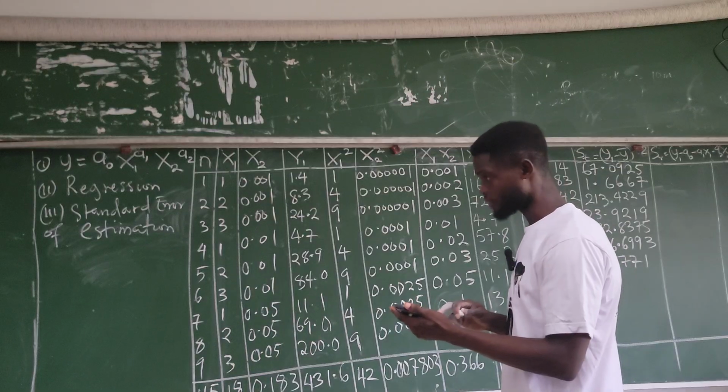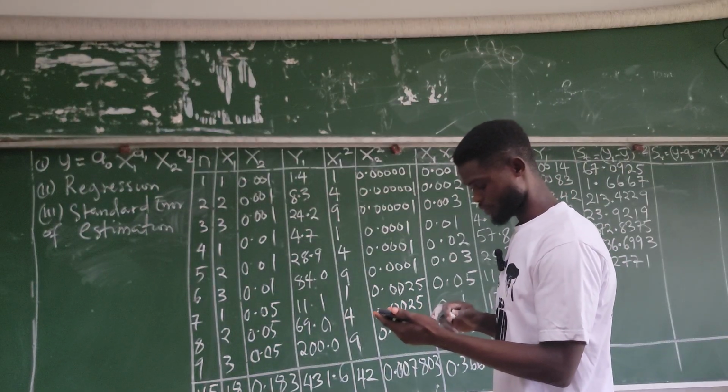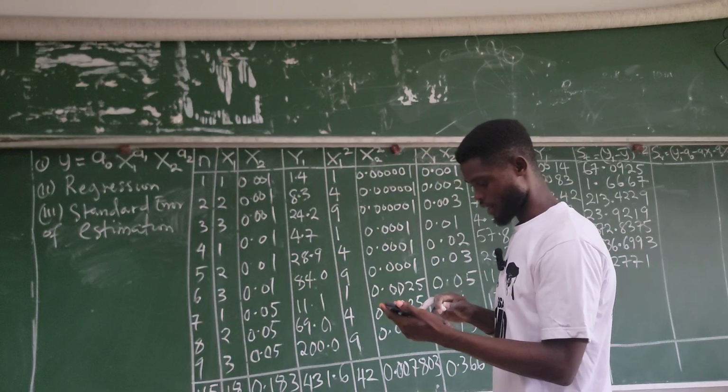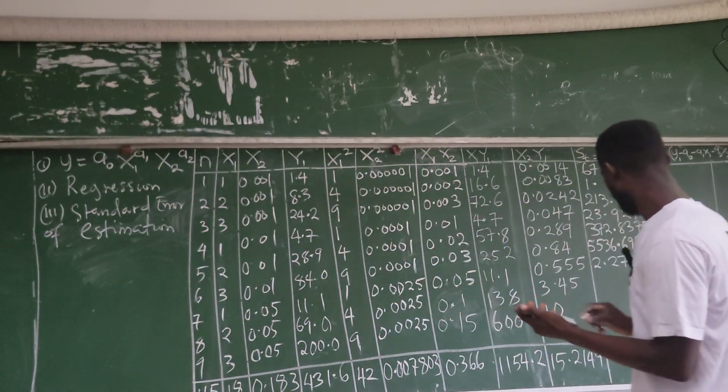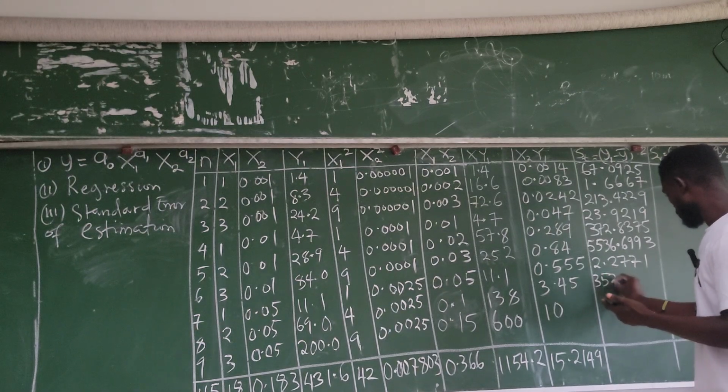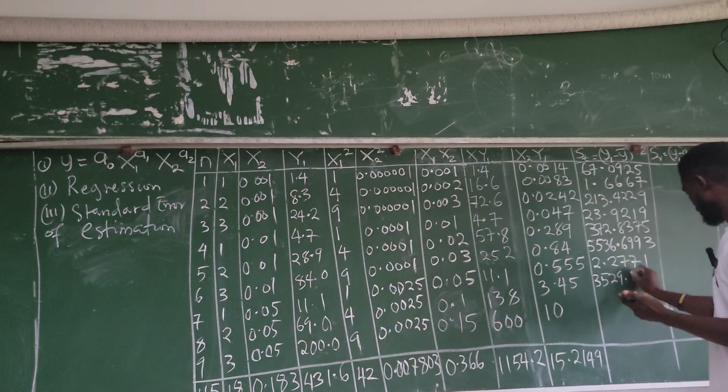So we also do the same thing. 69.0 minus 9.591 in square give us 3,529.4293.